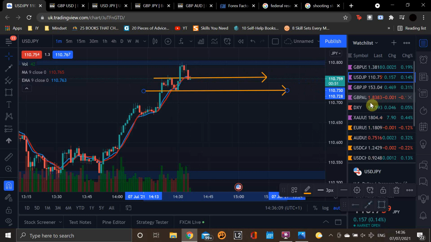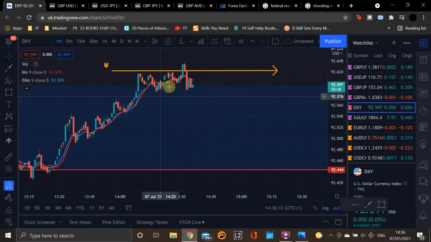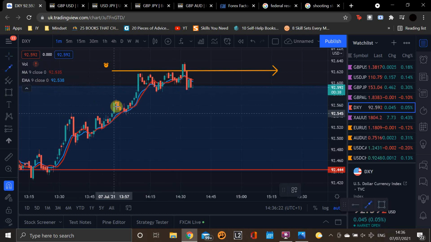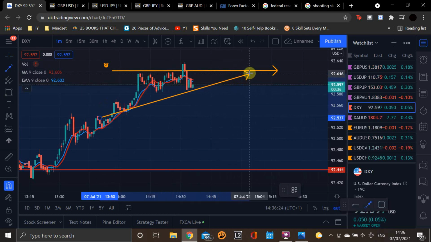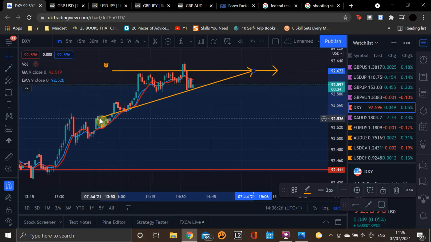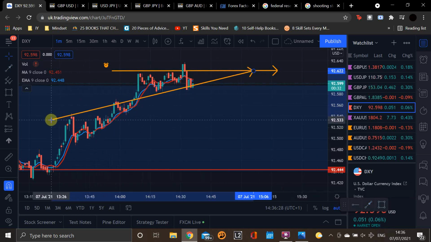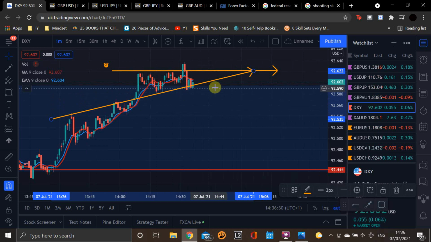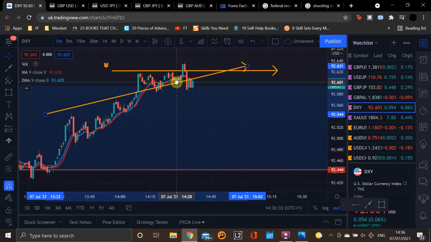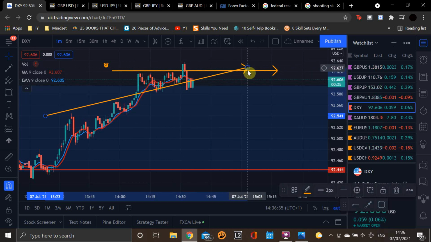However, GBP, this is DXY, it broke out. So it broke out, came back down. It's having like a little doji at the resistance point it made. I'm kind of thinking, I see a trend going on here. Yeah, this is going to break out again.